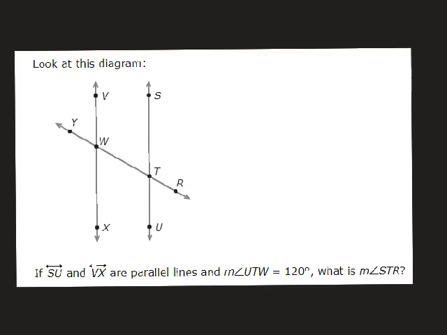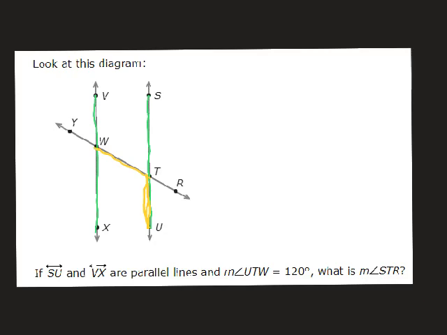So here this is asking if line SU, sorry, this line here, SU, and line VX are parallel, and the measure of angle UTW, let's find that. Remember, when you name an angle, you start at one point, you have the vertex in the middle, and then the other point.